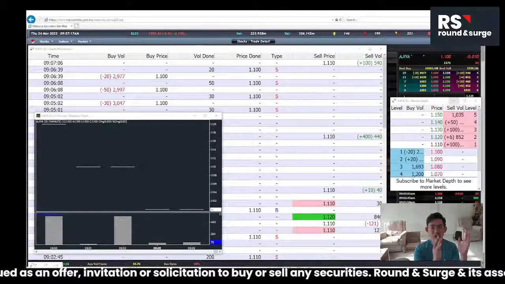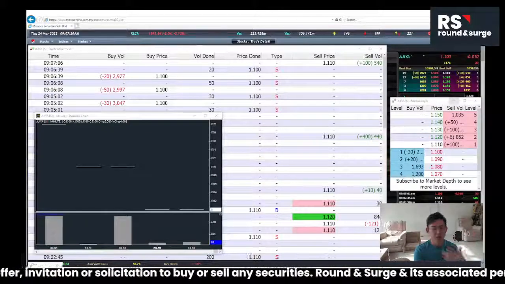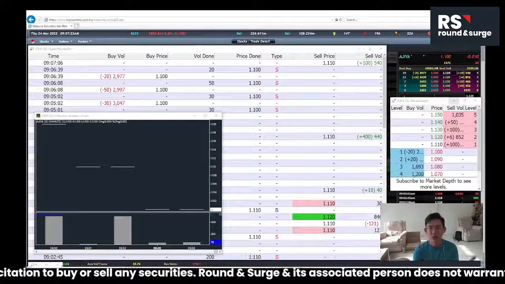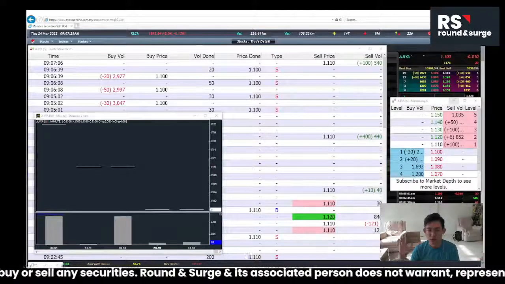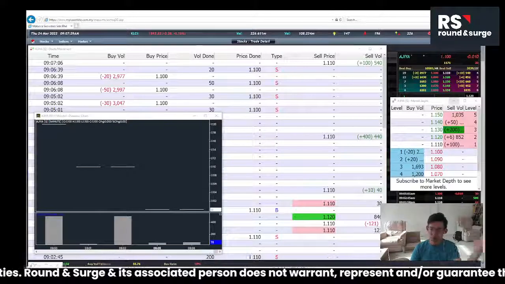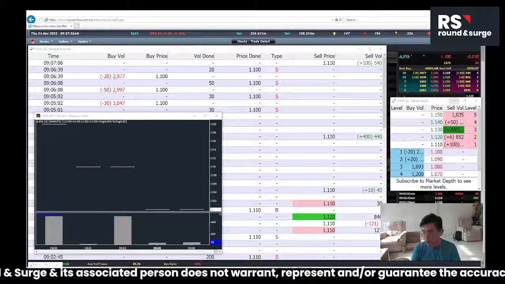So anything happens, you can react instantly. It's all about reaction. If you are holding and swinging and anything happens, then things might be bad, and the losses will be there.